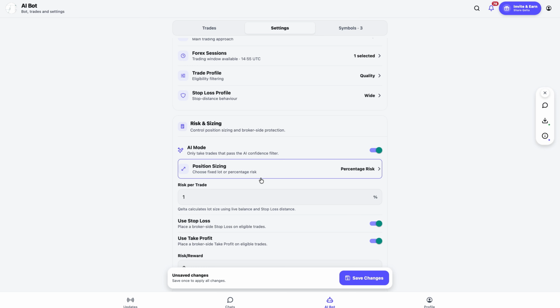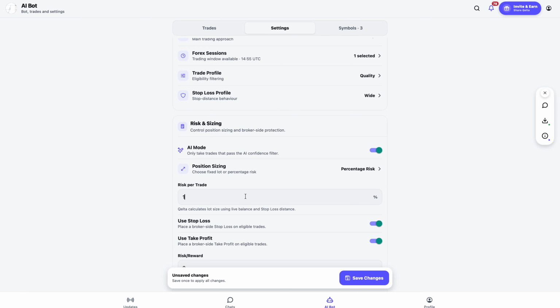I personally use the percentage risk. So if the percentage of risk per trade is 1% of the account balance, let's say I have $1,000 in my trading account. It means that for every trade, Qelta will be able to risk $10.